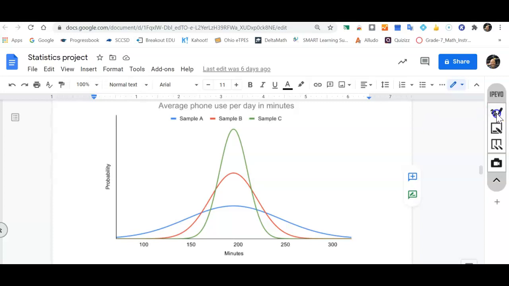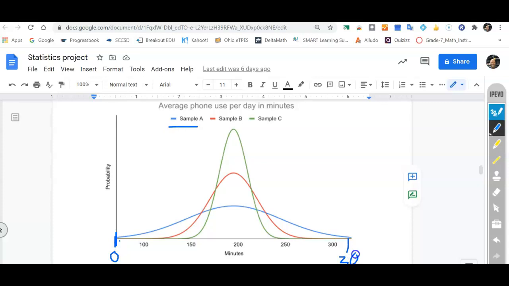We've got sample A, which uses their cell phone anywhere from 0 minutes a day to over 300. So we'll say 300 plus minutes a day. Their average amount of time is somewhere in this middle 50%, so anywhere around 175 to 225. So that's sample A. Sample B, the smallest number of minutes they use their cell phone is 125.